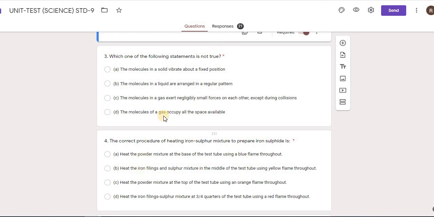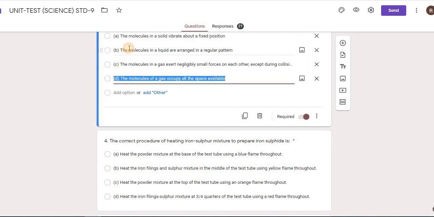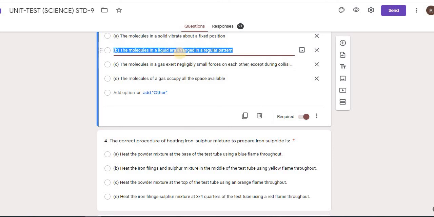Now let's see, it's not a regular pattern, because in the liquid state the intermolecular space is more than in a solid. So the answer is B. It is not a true statement. The molecules in a liquid are arranged in a regular pattern.